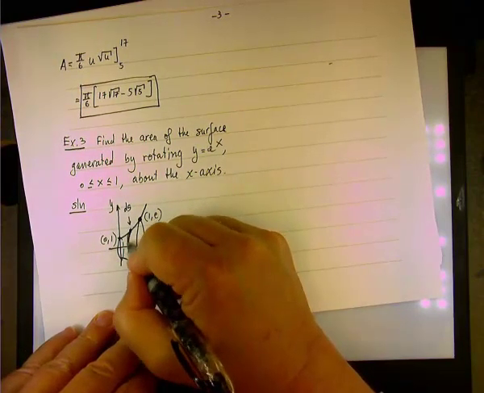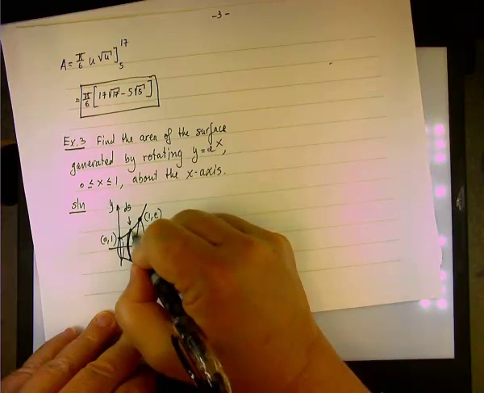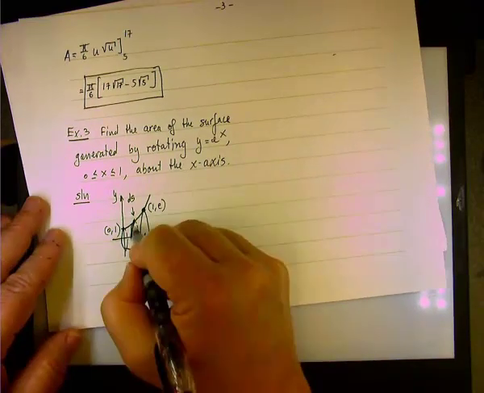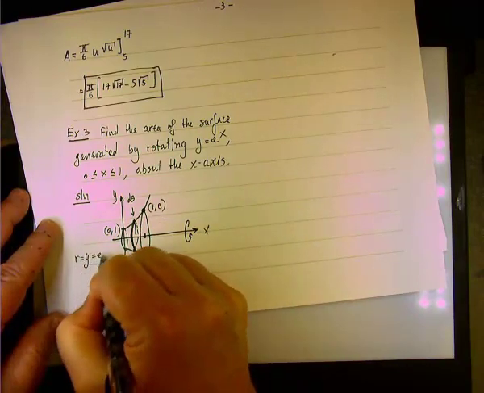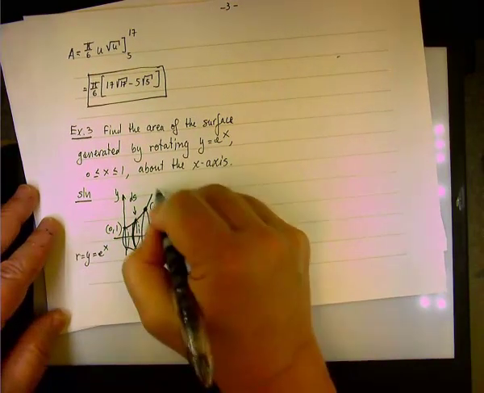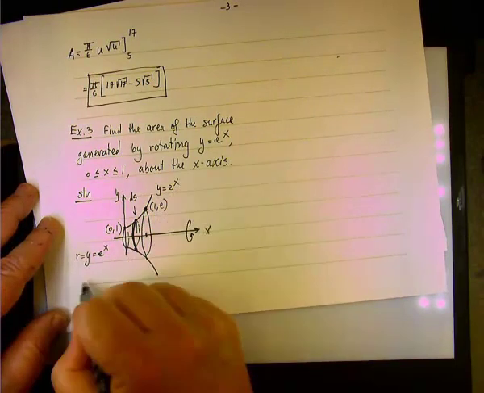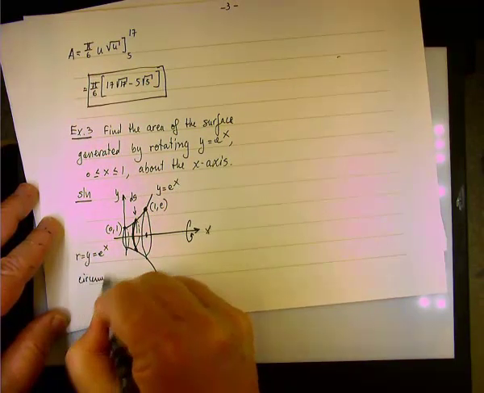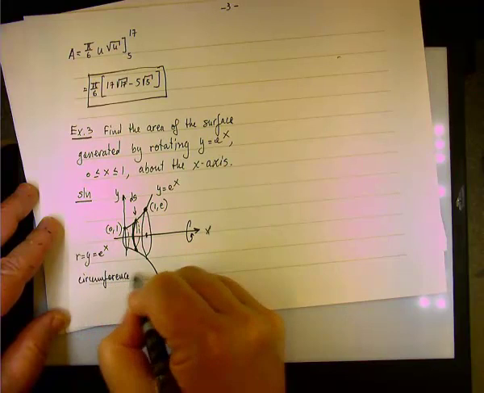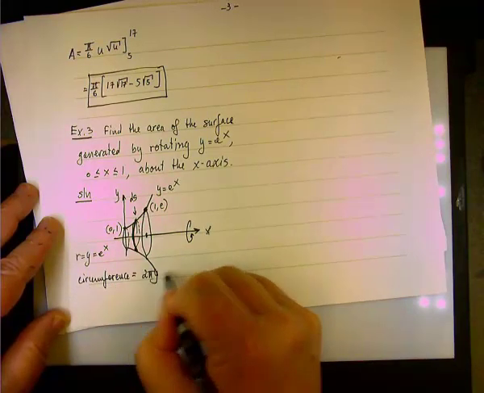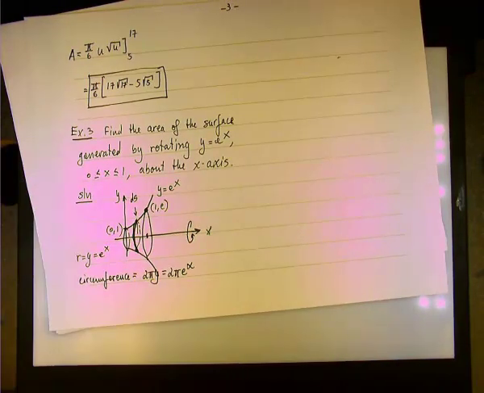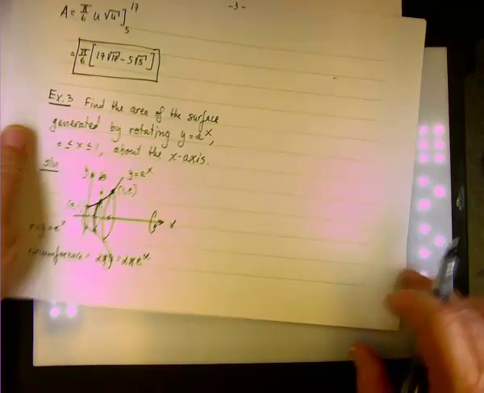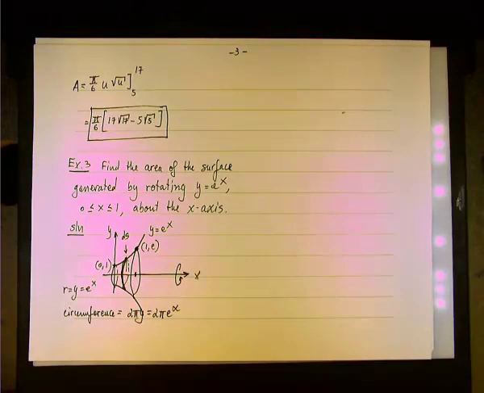And this element, when you rotate, creates a band, and the radius here is y, which is e to the x, because that's what y equals, and the circumference equals 2 pi y, or 2 pi e to the x. So this is pretty much the setup, and now we need to look at what ds is.